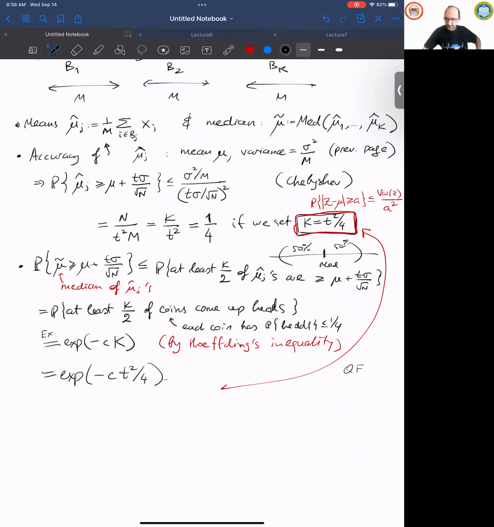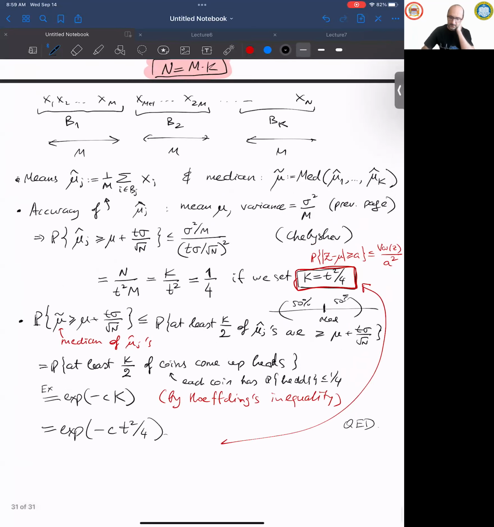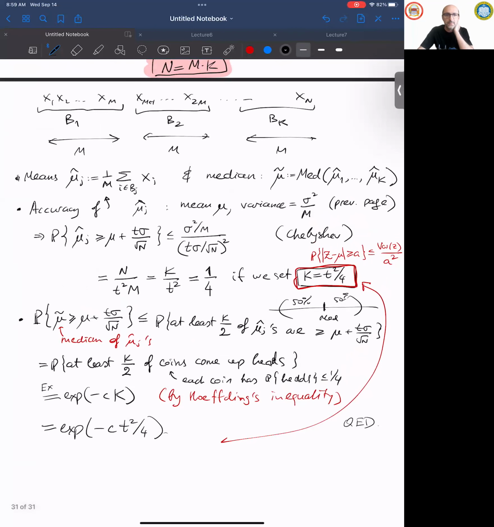We're done. C is some constant that we don't care about. So we get our Gaussian tail. Good. Median of means.